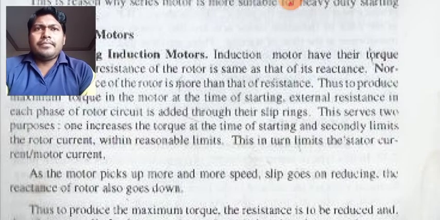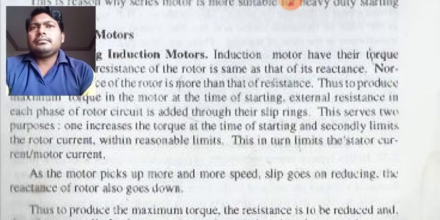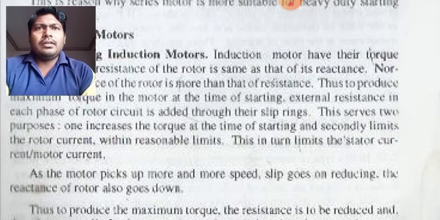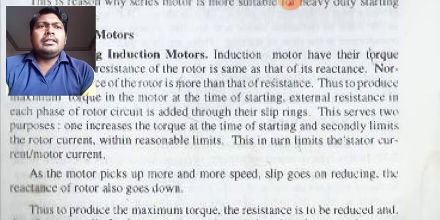The first is that the current is limited. Secondly, the torque is made higher. So we can meet higher values of torque by adding additional resistances. This in turn limits the stator current or the motor current, and so finally the motor is drawing a safe value of current, which is desirable.